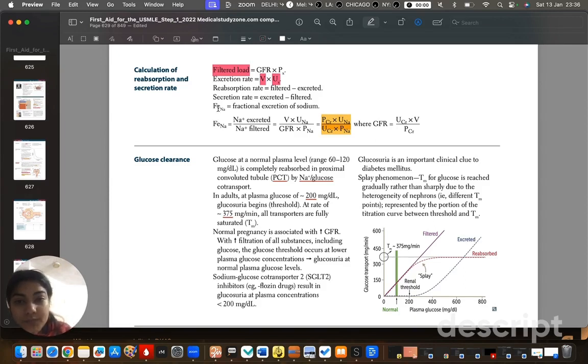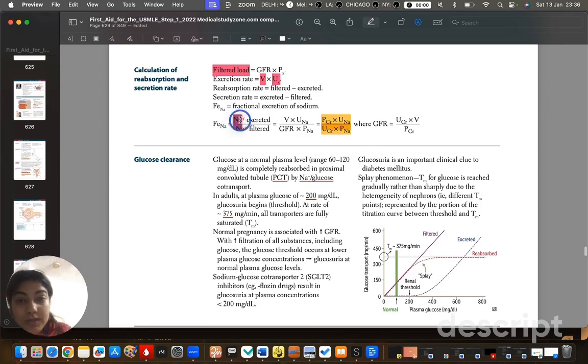Okay, so let's calculate the fractional excretion of sodium, which is very common. You do calculate this, by the way, because it gives a lot of information about the amount of sodium in your urine and about hyponatremia in your blood.